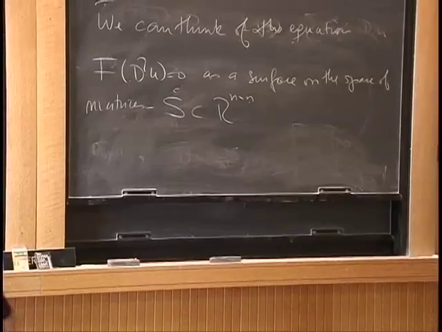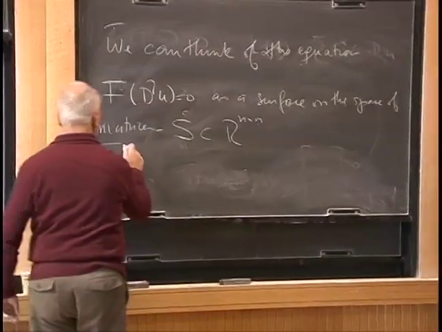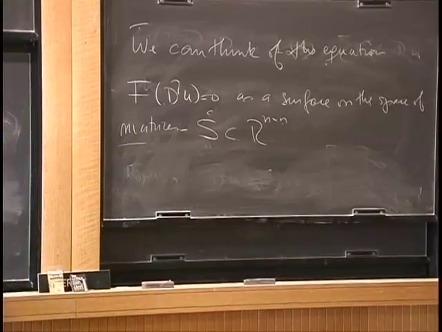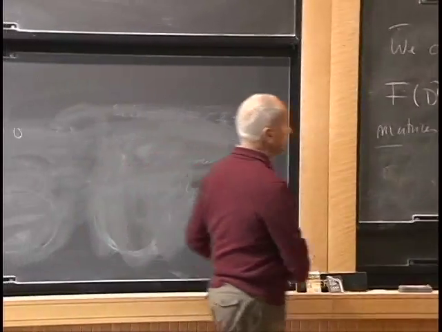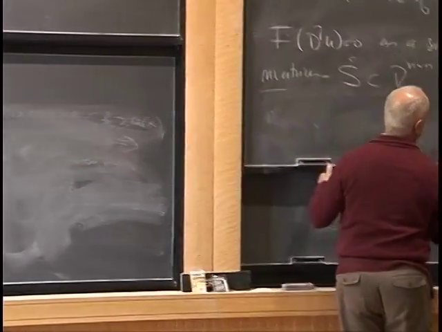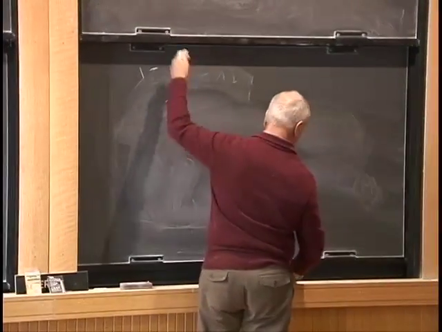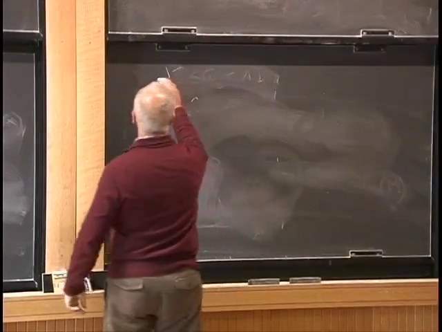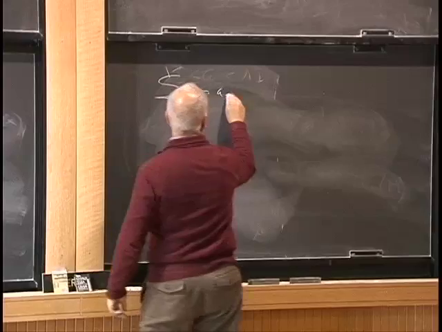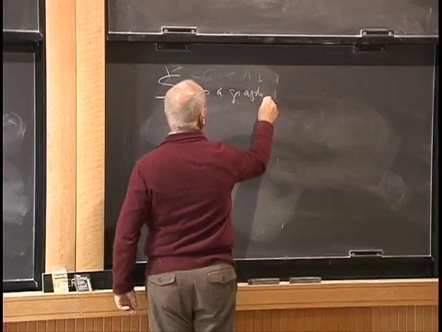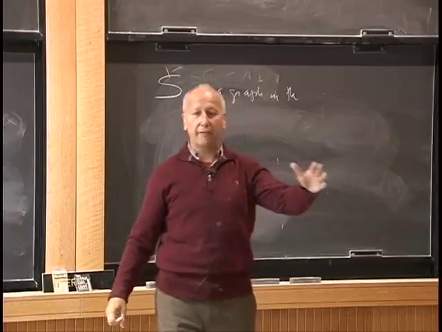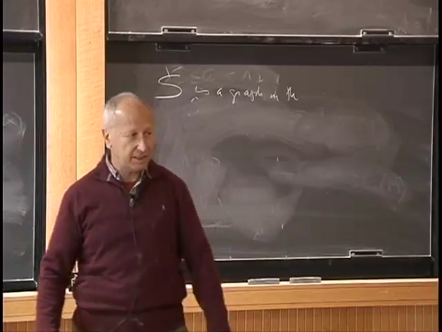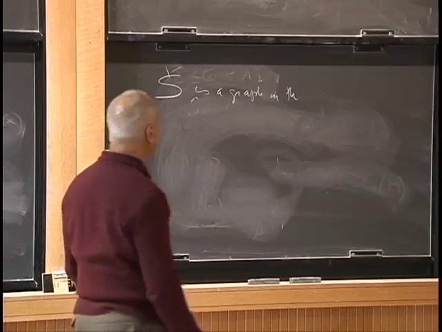That is, if you give me any matrix M0, this monotonicity means that S is a graph. I mean, let me normalize f of 0 to be 0. So it's a surface through the origin.